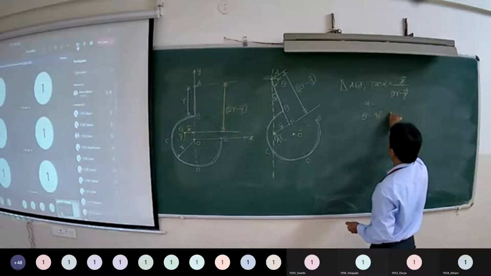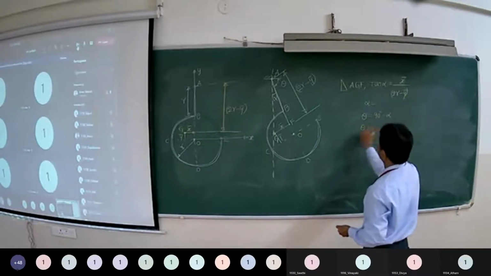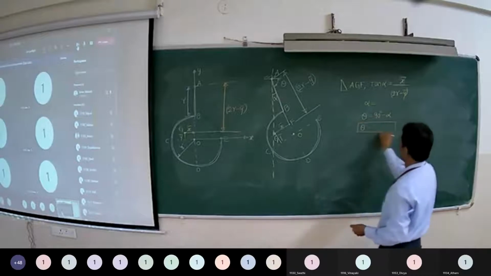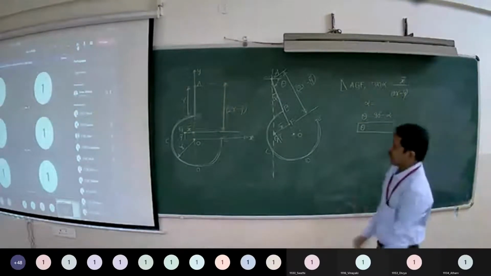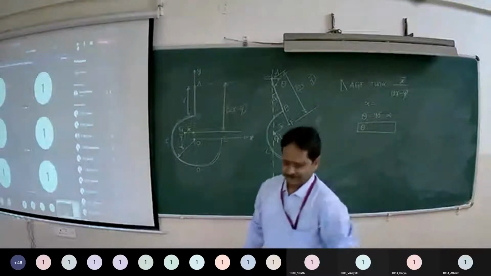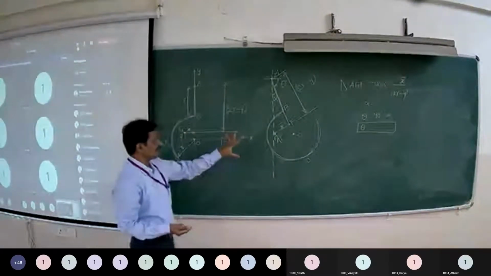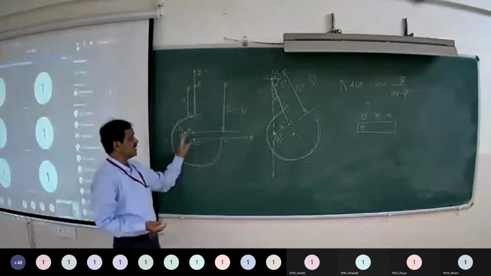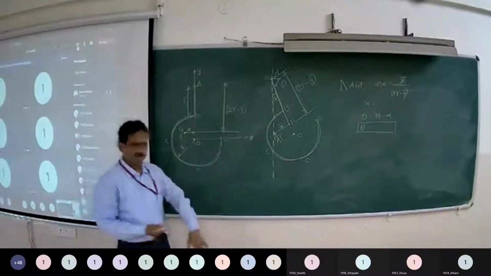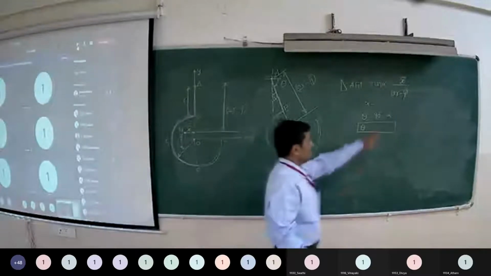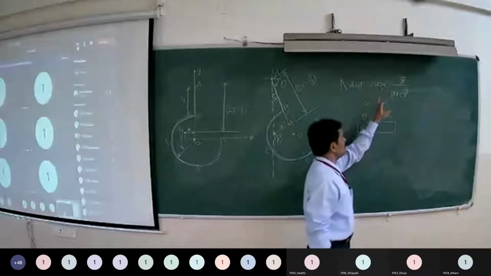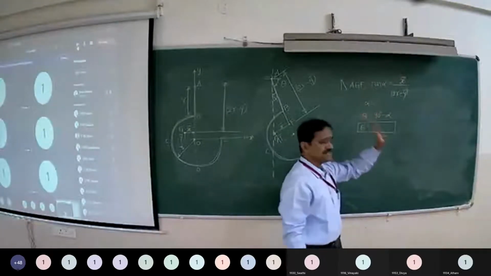Theta is 90 minus alpha. Have you understood the geometry? So for the given belt, first you have to find out x bar and y bar in terms of R. And putting the values over here, calculate alpha and hence theta.